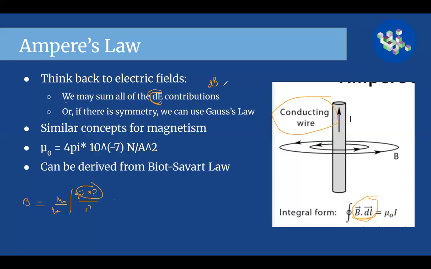You can think of that as the Biot-Savart law way. If there's certain symmetry in the electric field case, we could use Gauss's law. Ampere's law is similar: if we have a nice scenario, we could apply Ampere's law, and it will be so much easier than summing up each of the dB contributions or doing the Biot-Savart law integral.